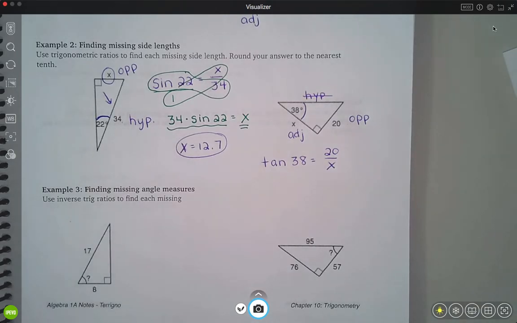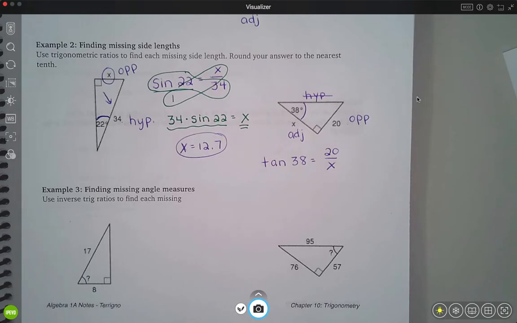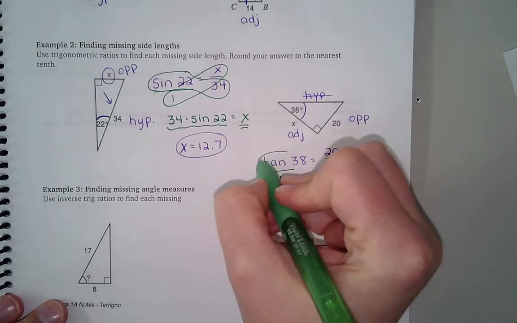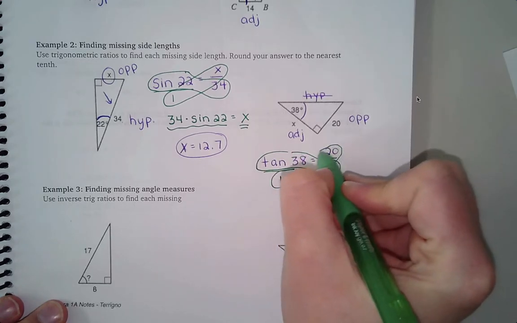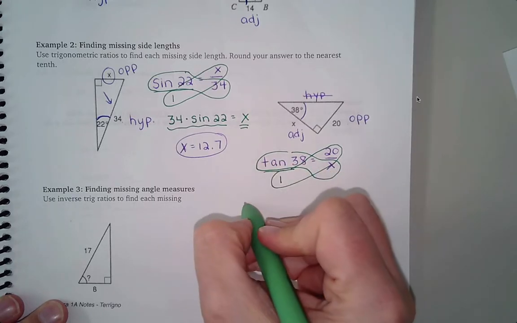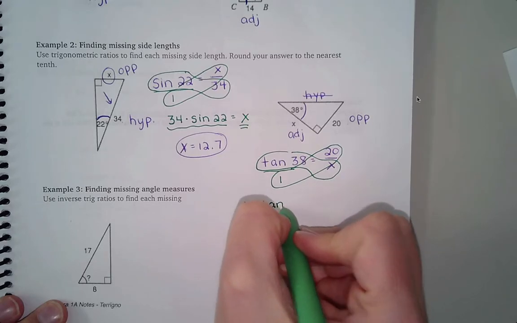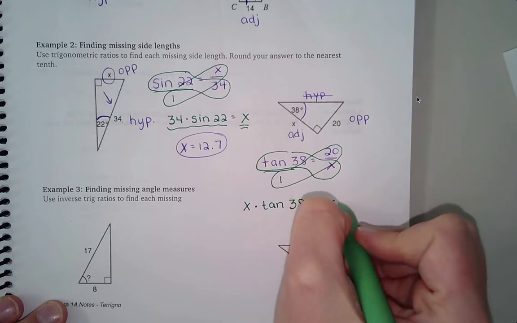Again, depending on your teacher last year, you may have learned a different way of going about this next step. I always like to take this and put this over 1 and cross multiply. You're going to get good enough at these that you'll be able to take some shortcuts. But I do want you to notice that this one's going to work out differently. This is going to work out like x times tan 38 equals 20.